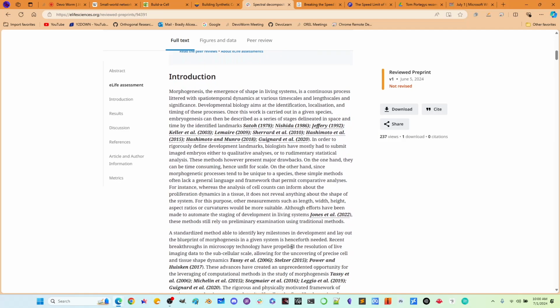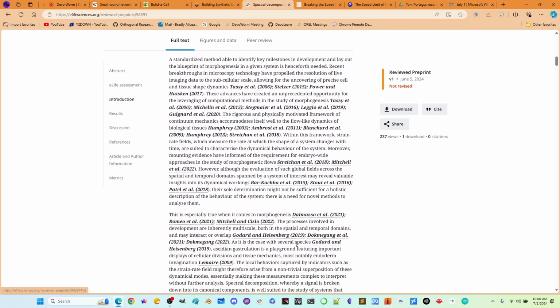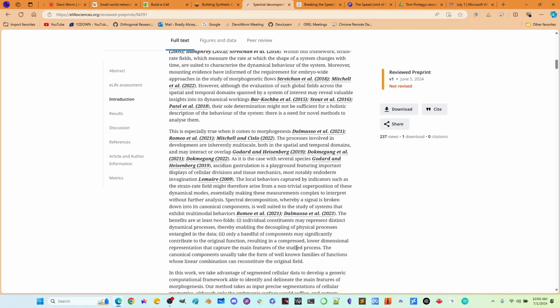So they go through some of the standardized, contemporary methods, and then they talk about some of the challenges, because a lot of the processes in morphogenesis are inherently multi-scale, and this is true in both spatial and temporal domains, and these multi-scale processes also interact and overlap. As in the case of several species, Ascidian gastrulation is a playground featuring important displays of cellular divisions and tissue mechanics, most notably endoderm invagination.